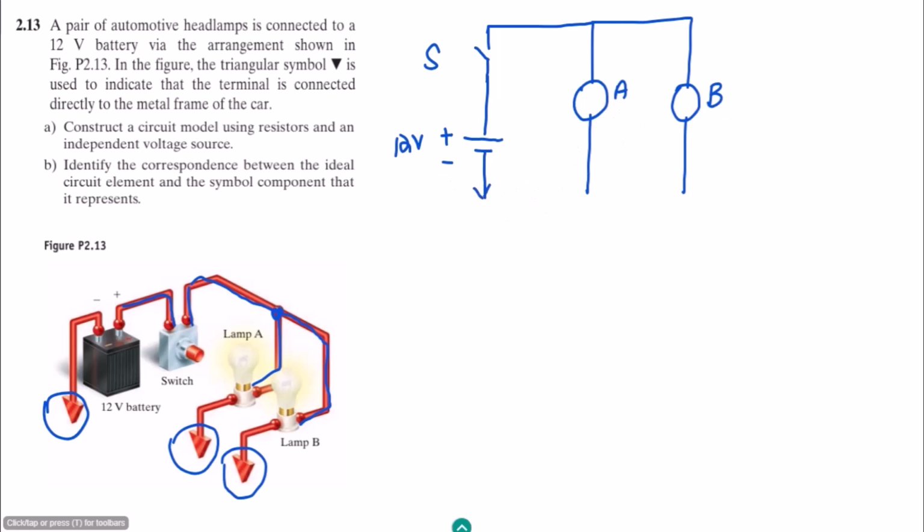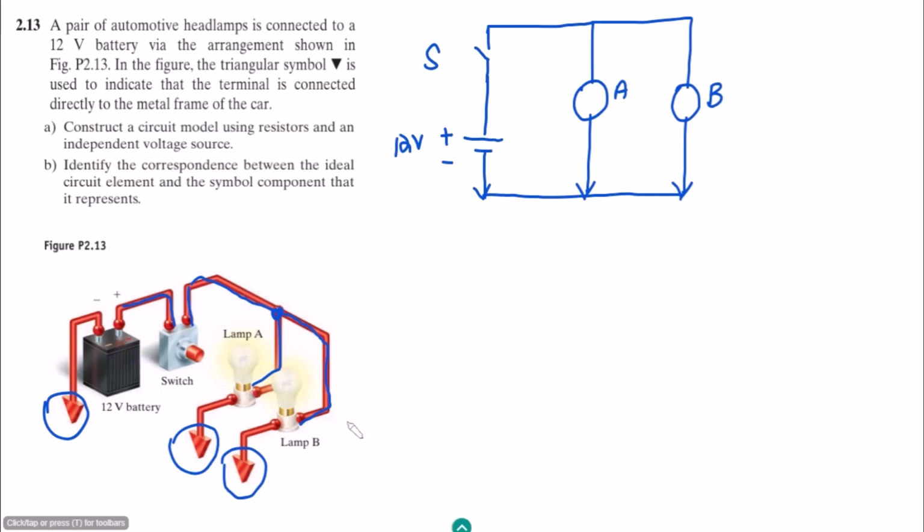These are basically symbols which denote that these terminals are connected with the metal frame of the car. These are connected at similar points, so we can also connect them as they are here. So this is the circuit diagram.